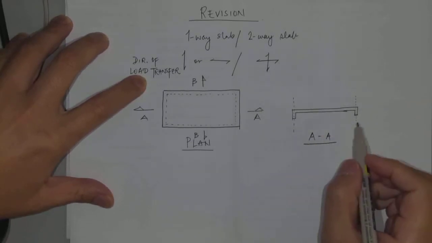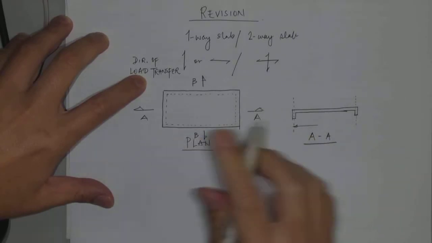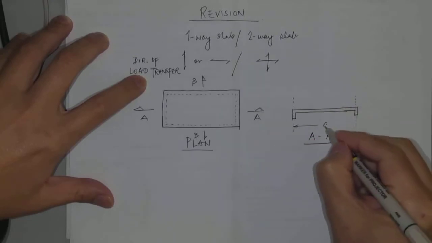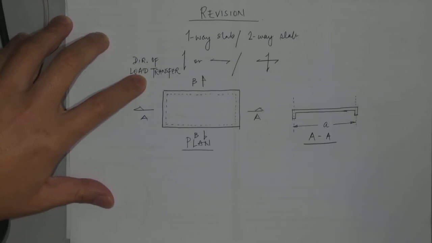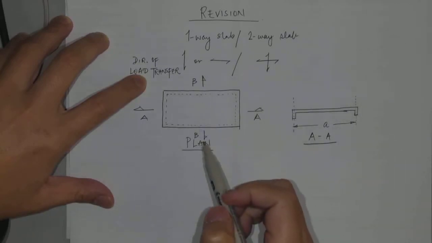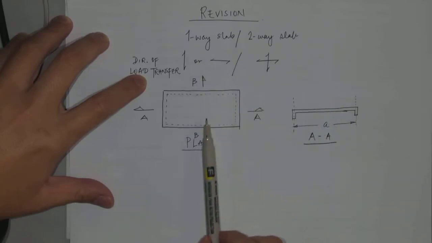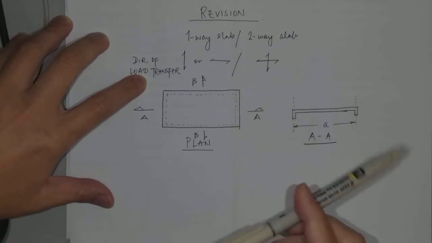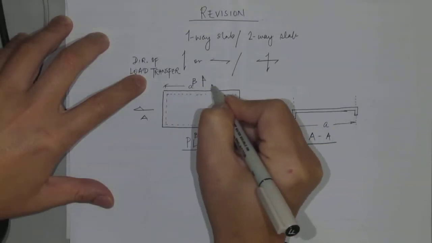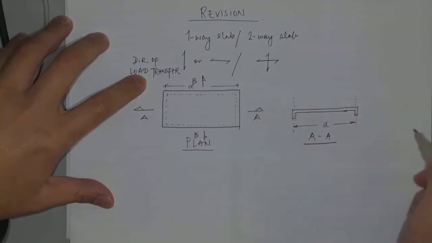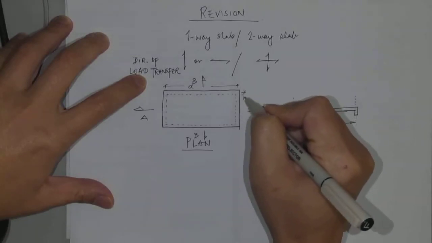The distance between those two center lines is defined as the span. So let's say this is little a. Same thing, you can draw section BB, which is exactly the same, except that it's a bit shorter. So this is your little b, along the other side.